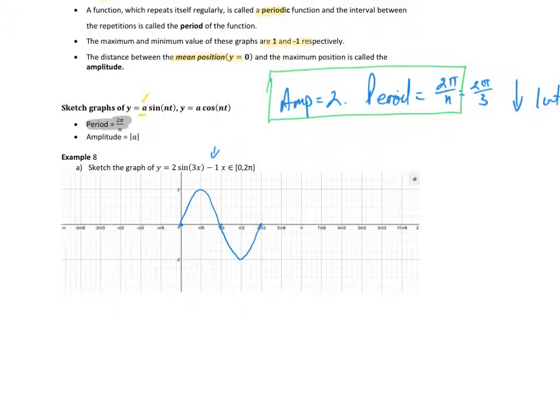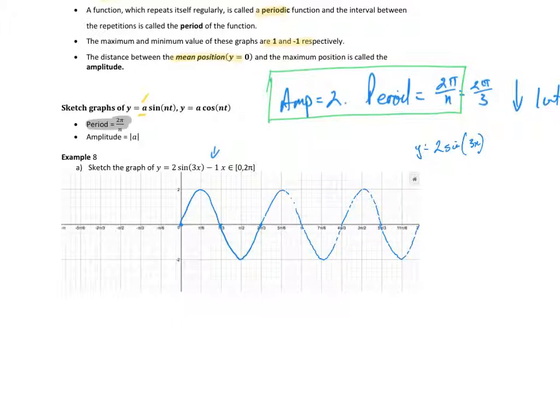So let's just keep sketching it. And there's 2 pi there. So that's just the graph of 2 sine 3x. Okay?